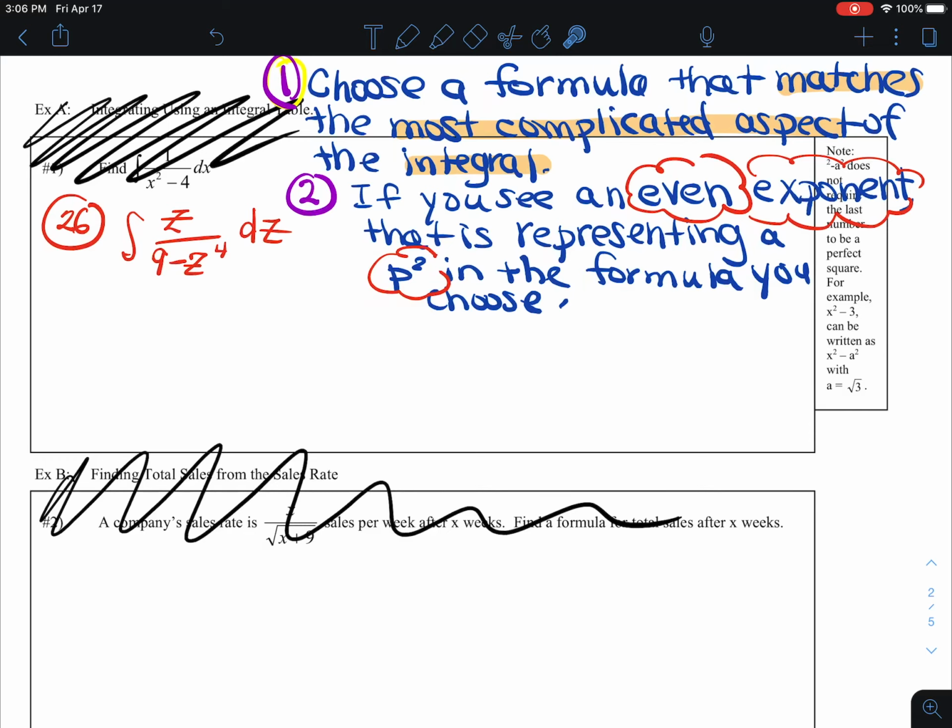So here's the other important piece of information you need to use when choosing a formula: if your integral has an even exponent, like here we have z to the fourth, keep in mind that that even exponent is representing where a p squared is going to be in the formula that you are choosing.